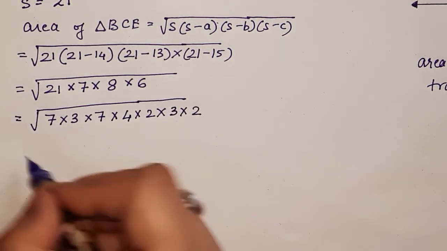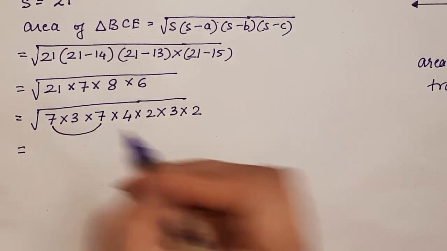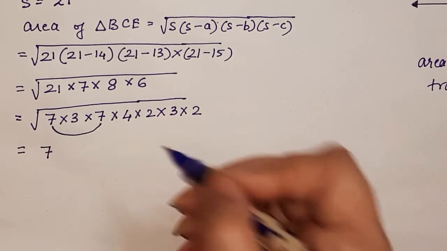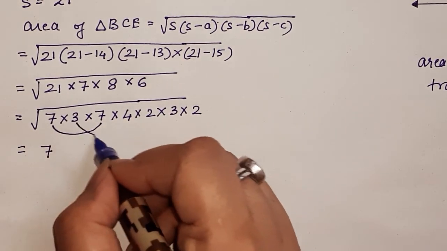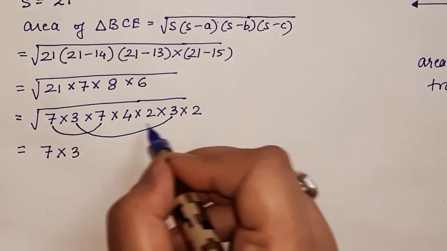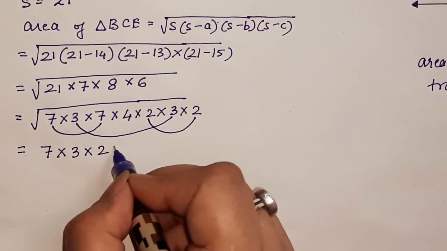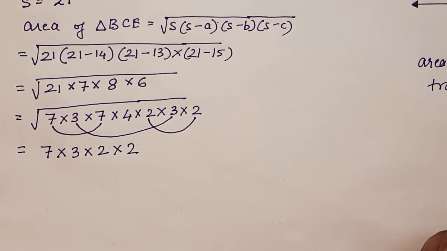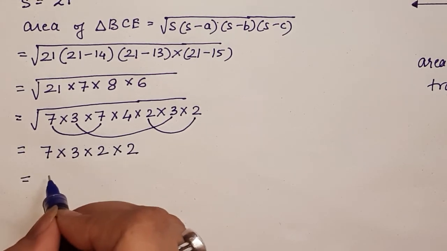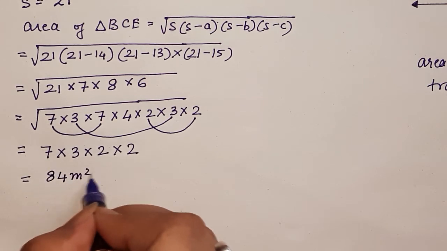Now let us form pairs and take out the common numbers. 7 and 7 form a pair, so one 7 can come out of the root. In the same way, 3 and 3 form a pair, so 3 can come out of the root. The number 2 can come out from this pair, and the square root of 4 is already 2. So we have 7 into 3 into 4. That gives us the area of the triangle, that is 84 meters square.